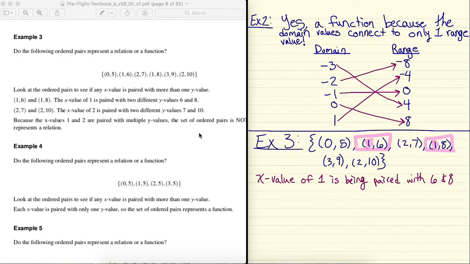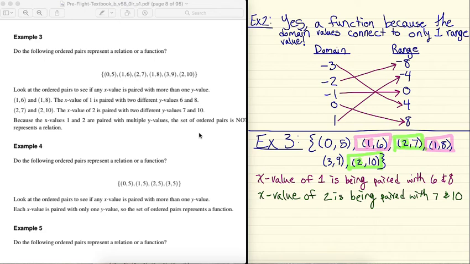When looking at my other x values, such as 2, it is also being paired with two different y values. So now my x value of 2 is being paired or matched with a value of 7 and 10.